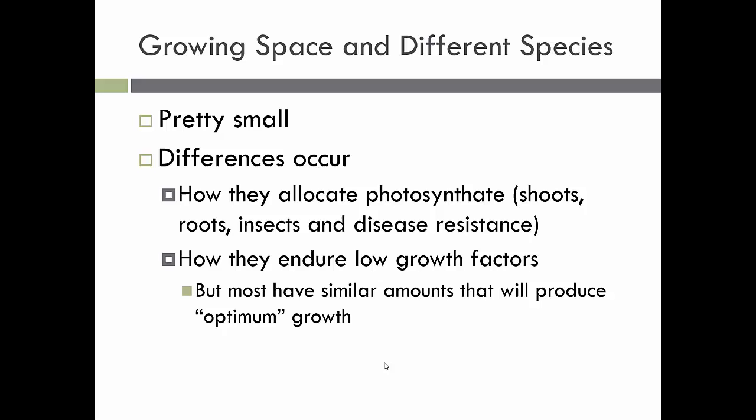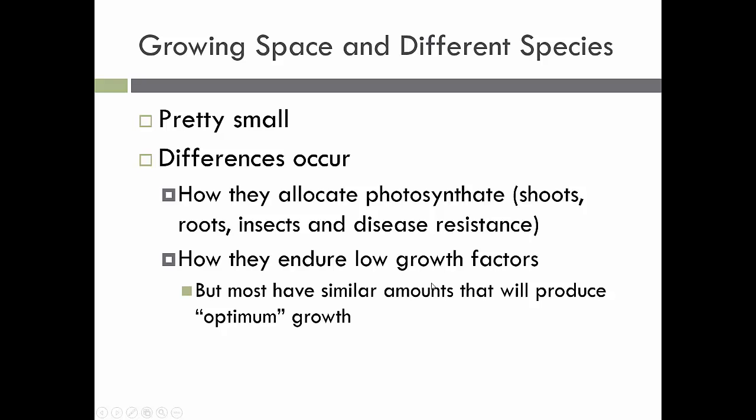Again, that optimum growth may be different between species. If we go back to the example of the tulip poplar and the Virginia pine from the previous lecture, both of them grow best on the mesic, well-drained site. That's where both of those species have their optimum growth, the area where they're both growing well. However, they differ in how they allocate some of this photosynthate.